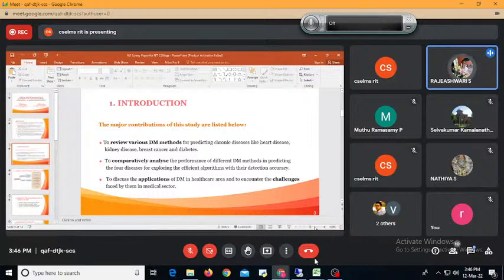This study focuses on three main areas: review of various data mining methods, next comparative analysis of performance and efficient algorithms, next applications and challenges in the medical sector.